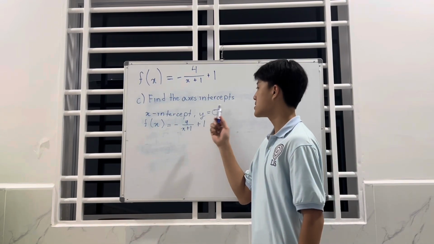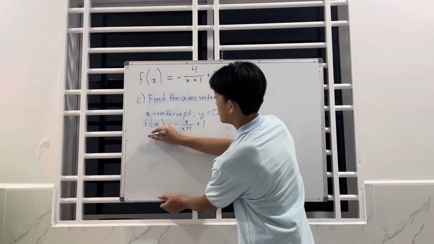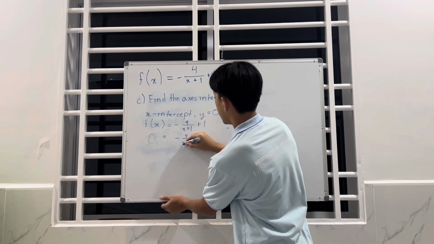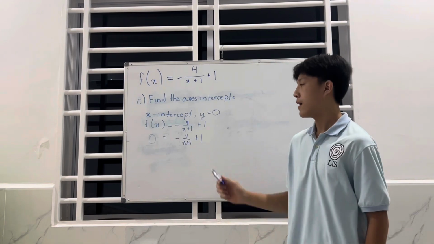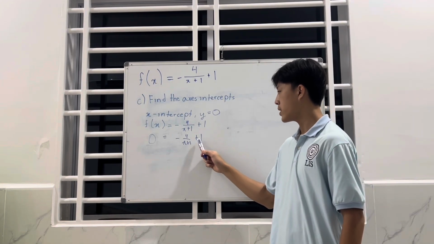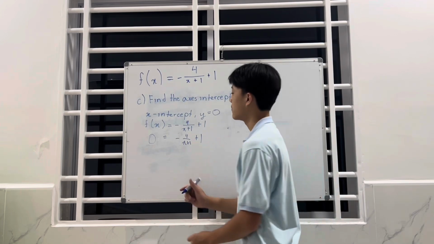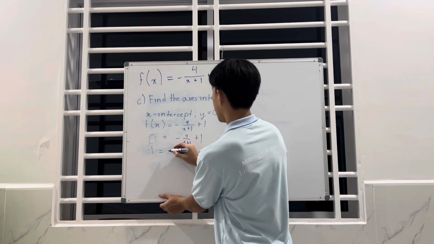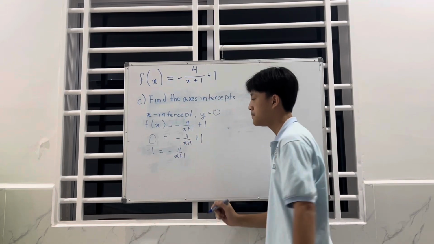And since y is equal to 0, we can put the graph as 0 equals -4 over x plus 1, plus 1. After this, we're going to move plus 1 to the other side, which becomes negative. So it's going to be -1 equals -4 over x plus 1.